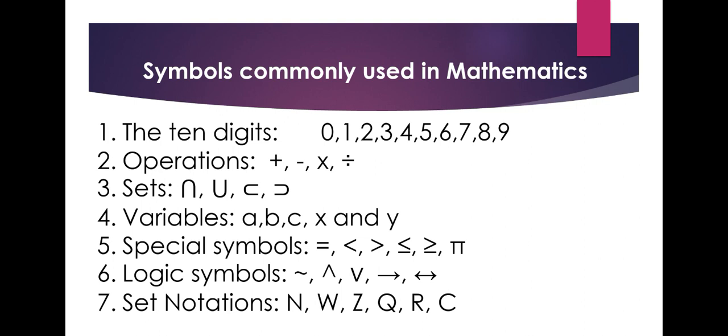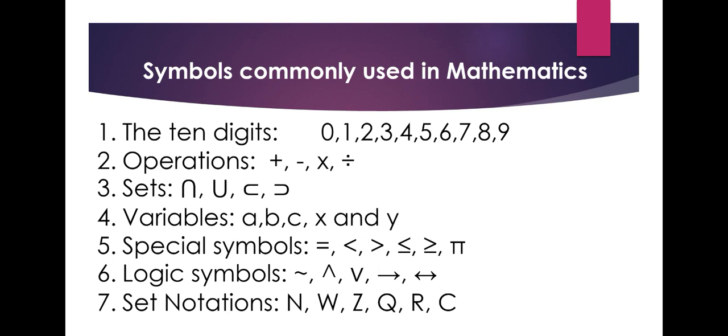And then, yung parang baliktad na letter V, which is ang ibig sabihin niyan ay "and" or "or". And then, yung arrow na nakaturo sa right side is for "if and then". And then, yung double arrow is yung "if and only if".